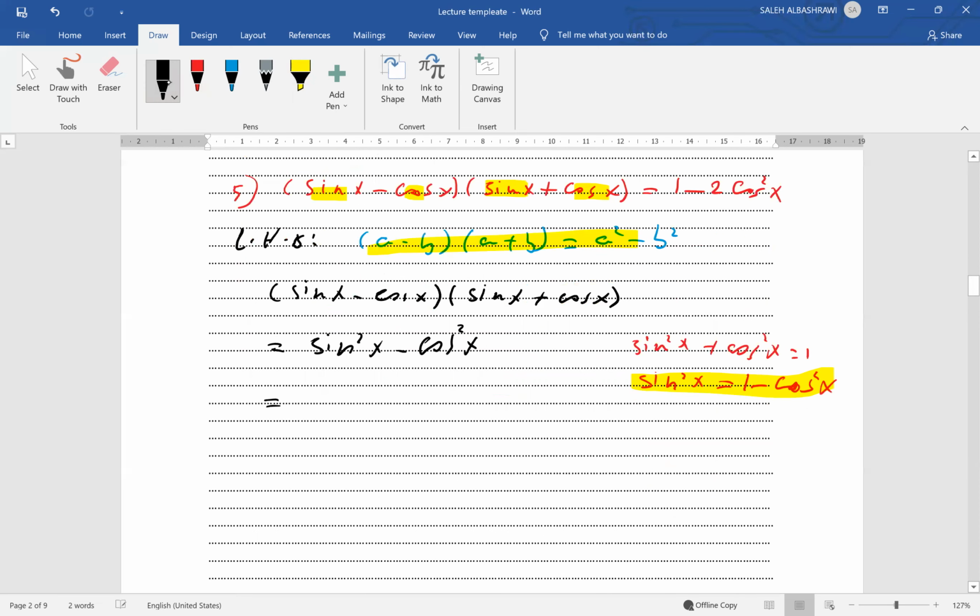So it is 1 minus cosine square x minus cosine square. Now minus cosine square and minus cosine square will give me minus 2 cosine square. And this is the right-hand side. It's done. So we verified that the left-hand side equal to the right-hand side, which is 1 minus 2 cosine square x.